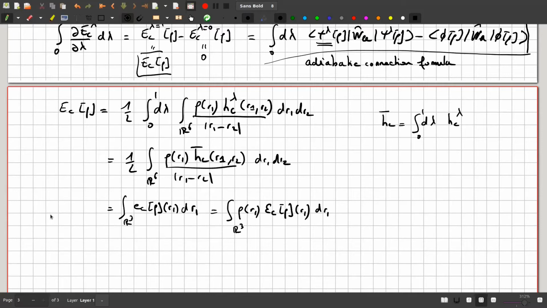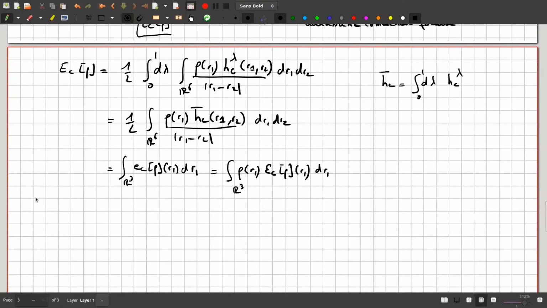Okay, so we can then introduce the first family of approximations, which are called the semilocal approximations.